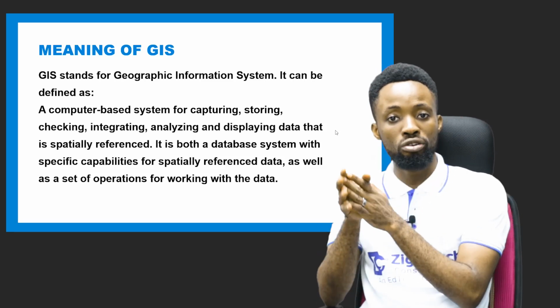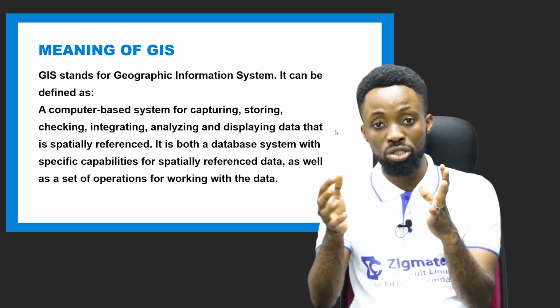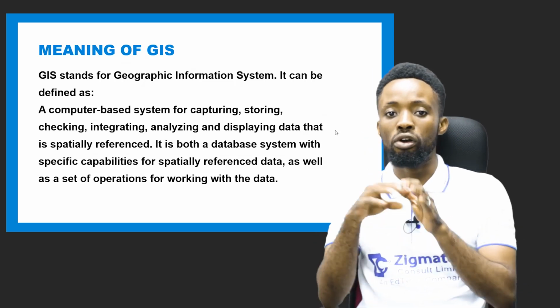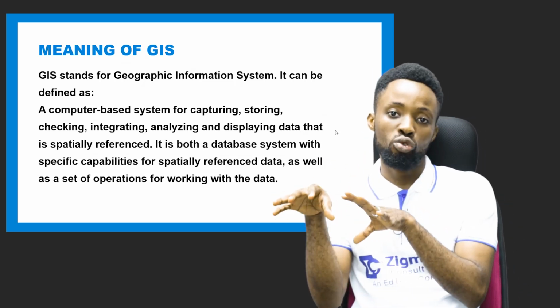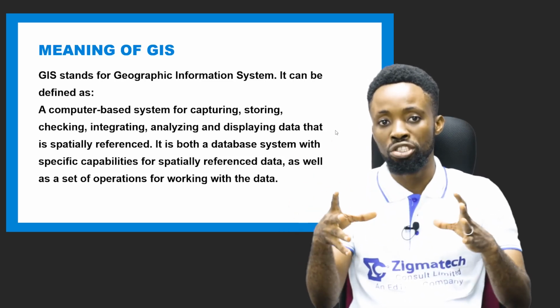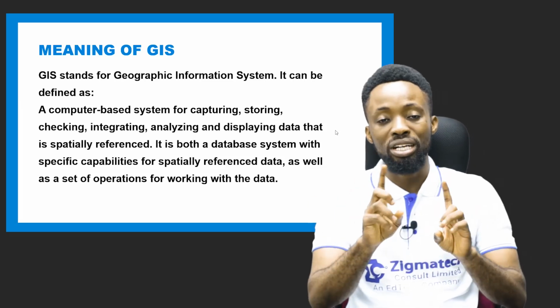When we talk about geography, we're talking about the earth, description of the earth or anything related to the earth. Information deals with processed data. And system has to do with a collection of bodies or parts that function together to achieve a common goal.